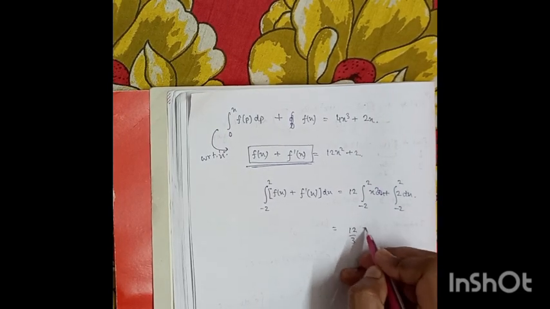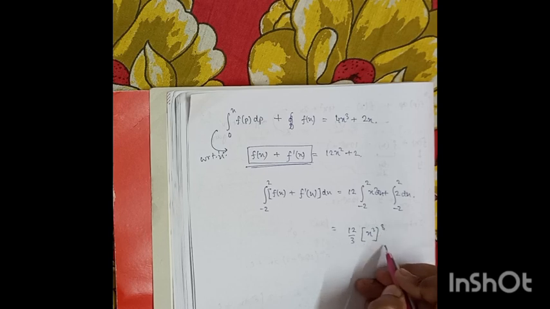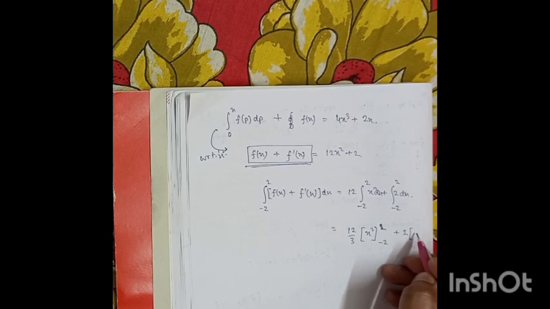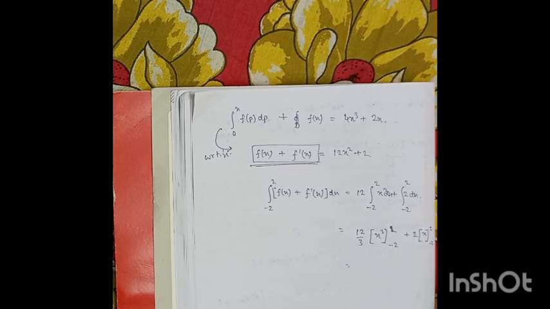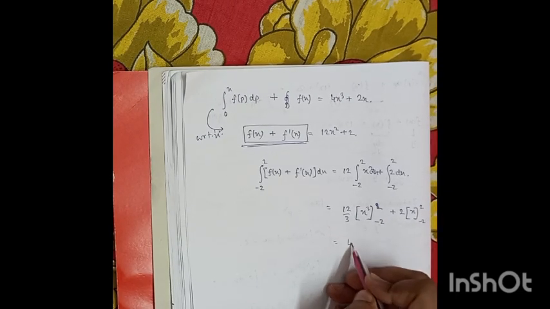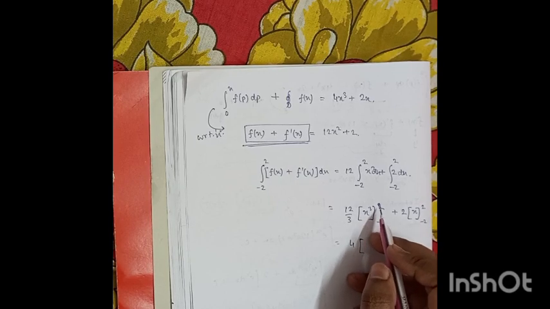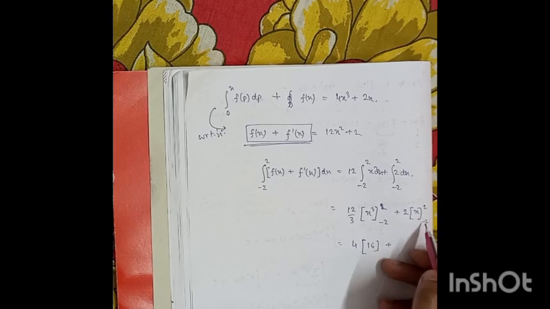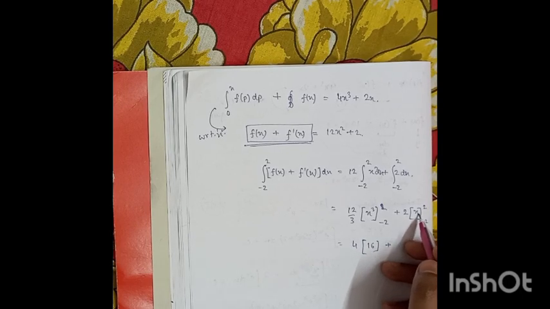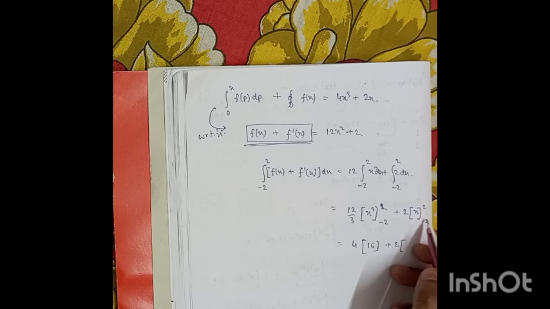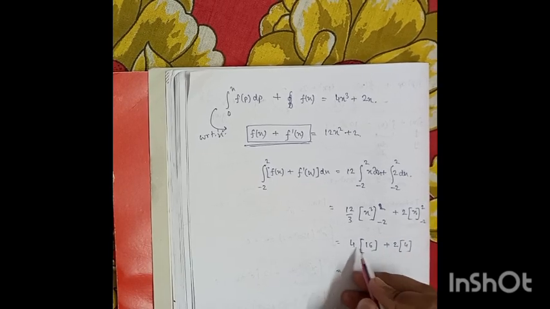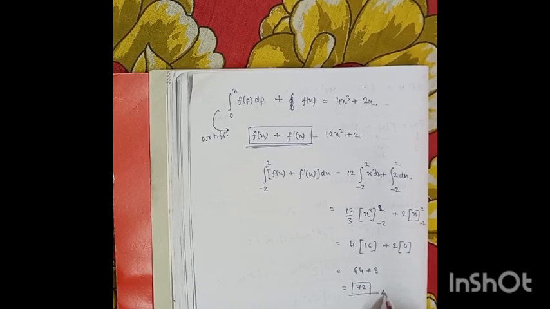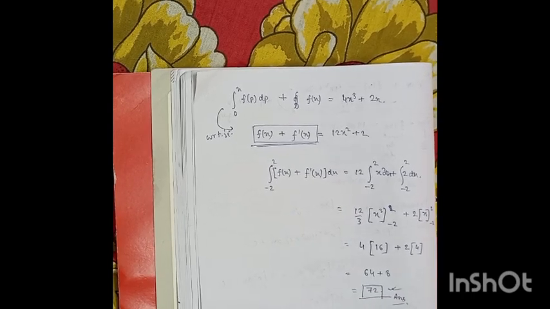So 12 over 3 x cube from minus 2 to 2, plus 2 times x from minus 2 to 2. Then this will be 4 times 8 minus of minus 8, so 16, plus 2 times 2 minus of minus 2, so 4. So this is 64 plus 8, that is 72. That is the answer to our question.